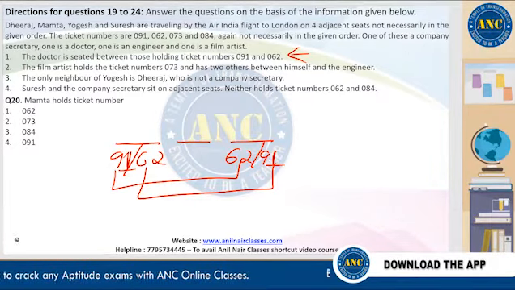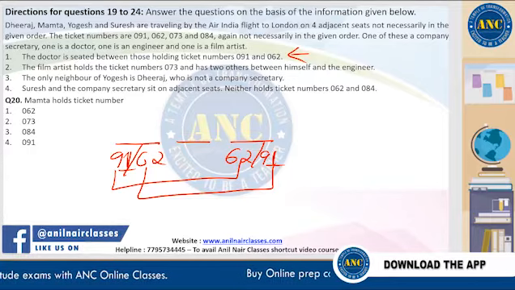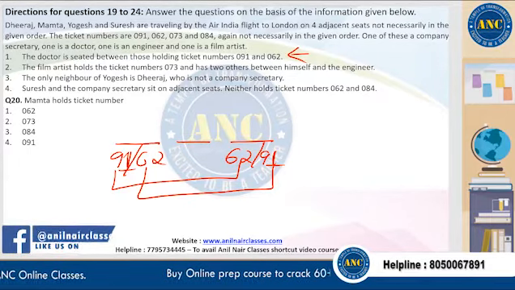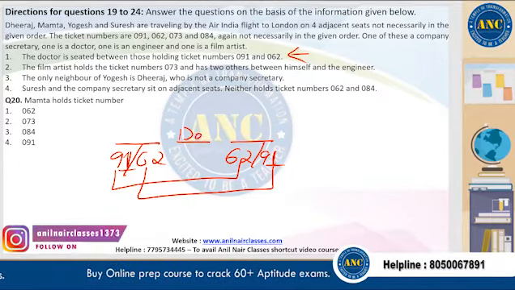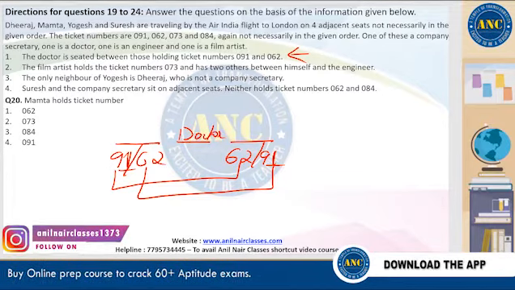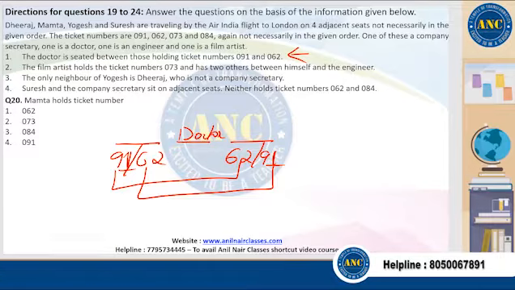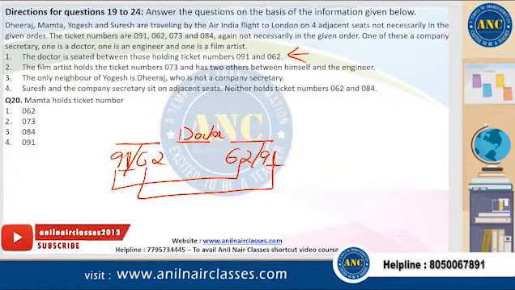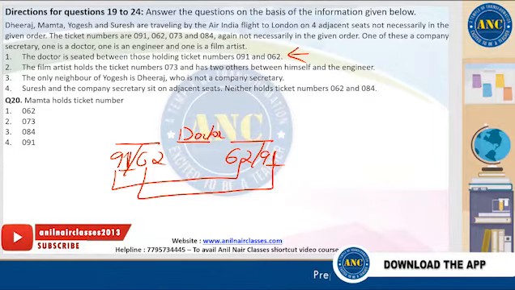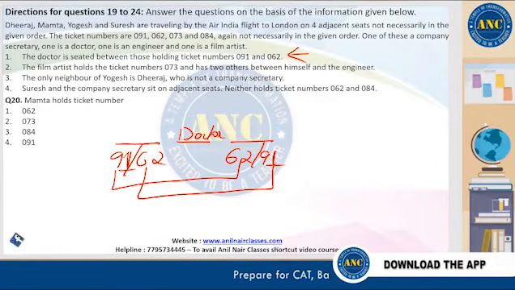The film artist, so there's a doctor in between. Yes, I missed out on that. The doctor is seated between those holding ticket number 91 and 62, which means the doctor is definitely not holding ticket number 91 or 62. The film artist holds the ticket number 73.